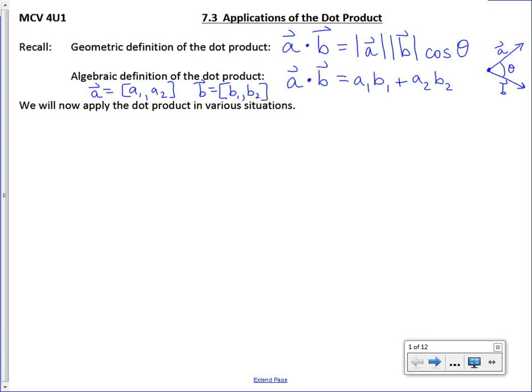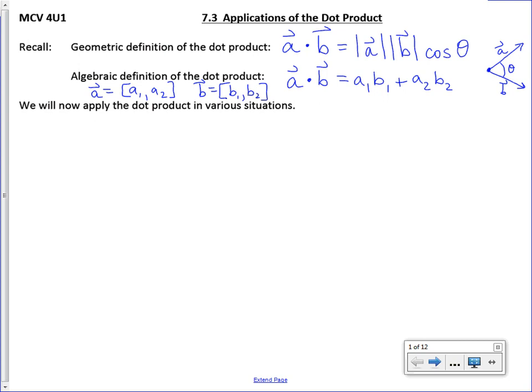And ta-da, you have another definition of dot product. The geometric picture goes with the first one, the algebraic vectors go with the second one, but they're both going to equal the same thing. You don't get different dot products, depending on what inputs you use.